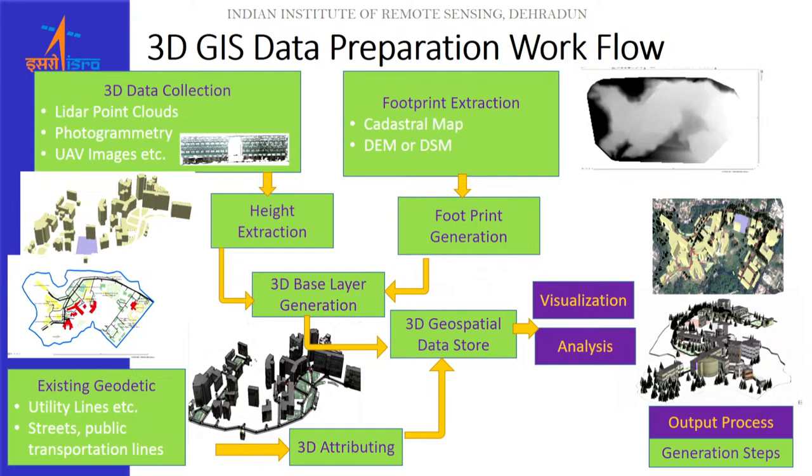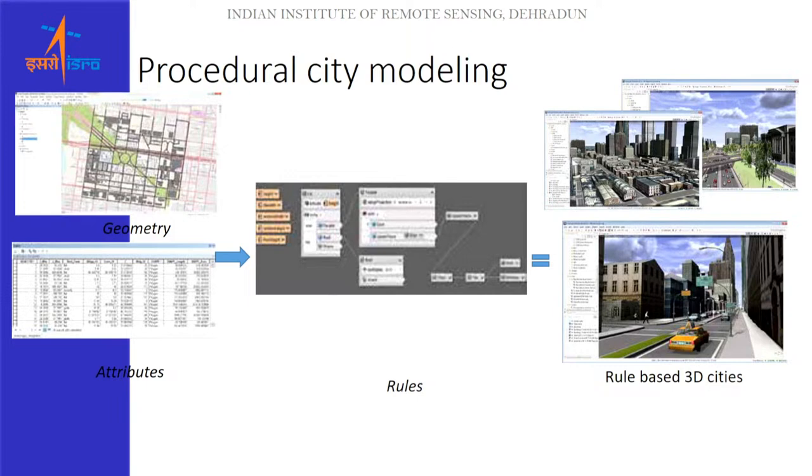So this is just an example of a simple 3D GIS workflow which tries to integrate the existing data sets with the other geospatial data sets available to us, and then we can generate models like this. Nowadays, large scale procedural based city modeling techniques are also coming.